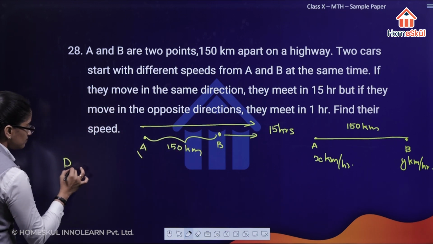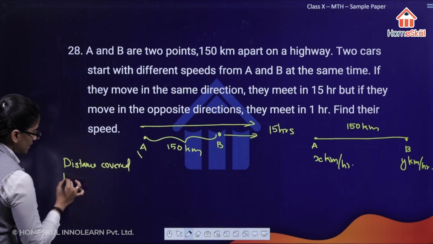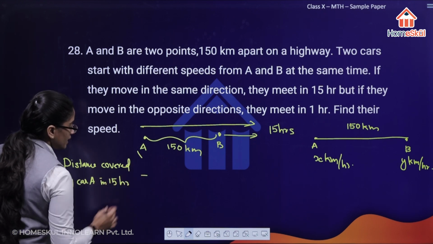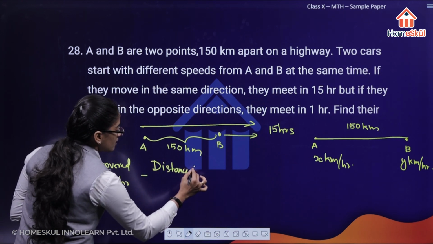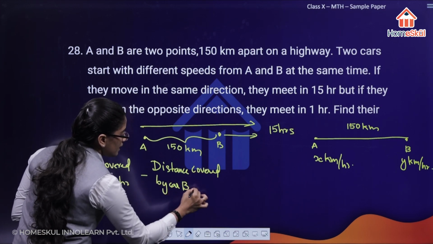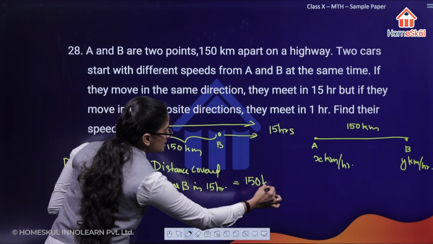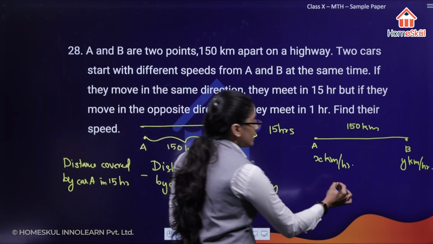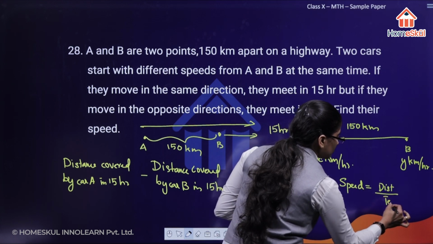That means the distance covered by car A in 15 hours minus the distance covered by car B in 15 hours will be 150 kilometers. How will we find out the distance covered by the car in 15 hours? We know that speed is equal to distance by time, right?